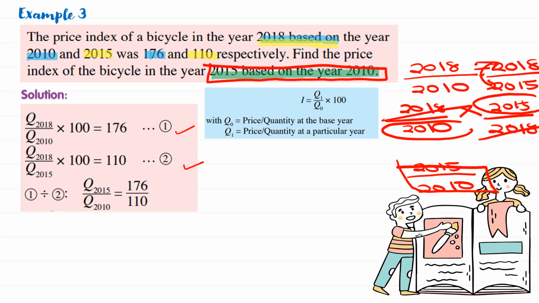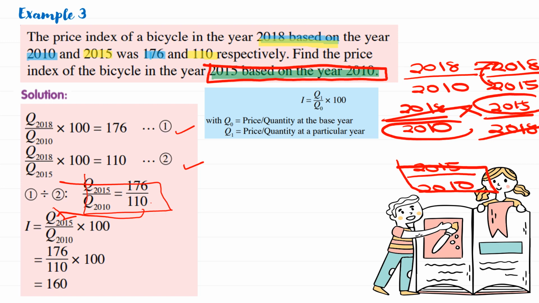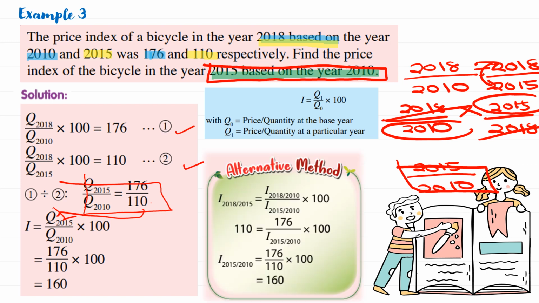Put into the formula I is equal to 2015 over 2010 times 100. So 176 divided by 110 times 100, you will get 160. That's the answer.